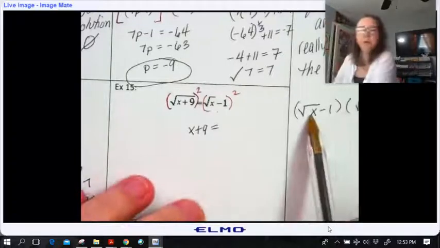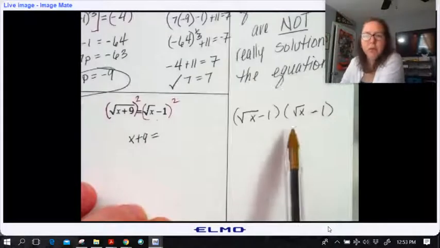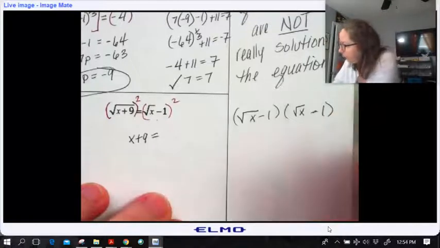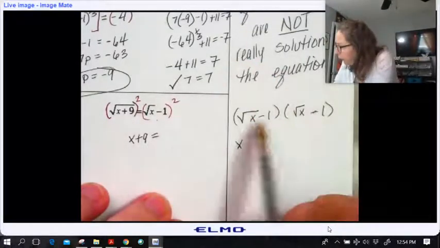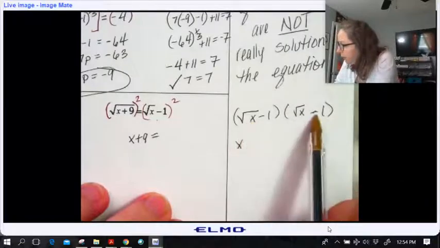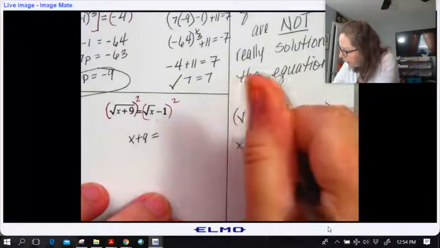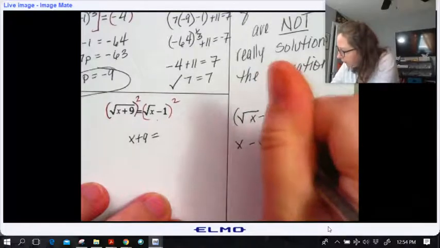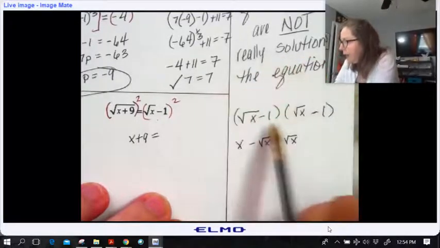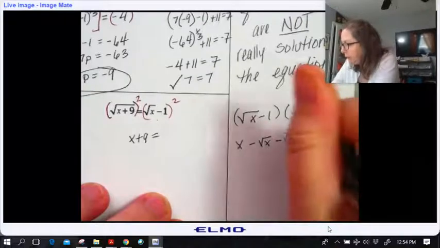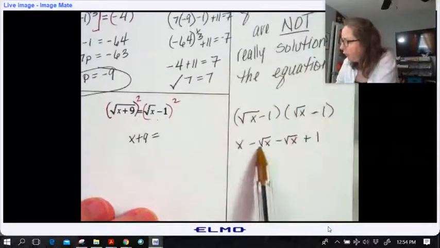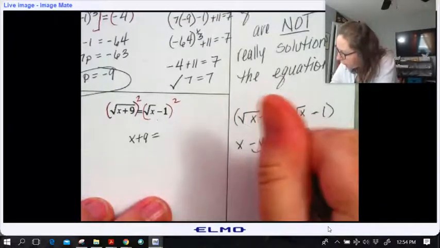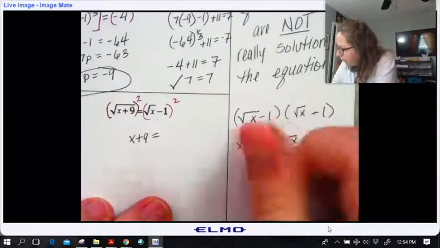So the square root of x times the square root of x is just going to give me x. The square root of x times negative 1 is negative square root of x. Negative 1 times the square root of x, I have one as well. And negative 1 times negative 1 is positive 1. And so now I'm going to combine these. It gives me negative 2 square roots of x.